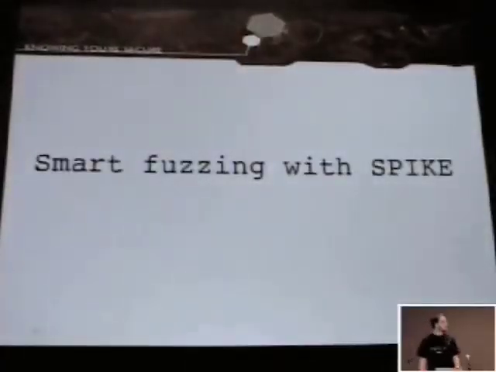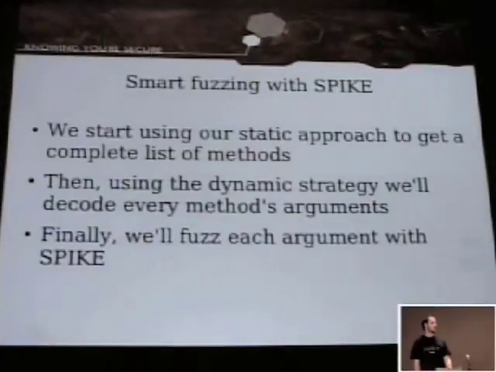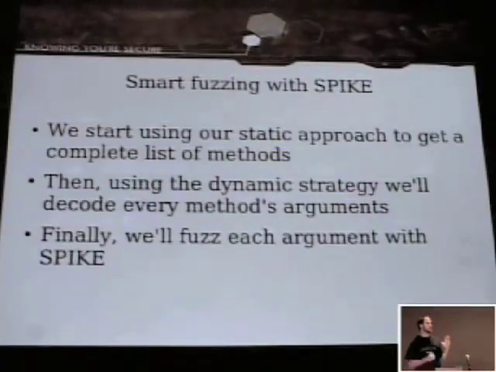Fuzzing with Spike: first, using this static approach, we get a list of all the methods we can execute in the Adobe JavaScript. And then using the dynamic strategy, we get all the arguments of each method. And finally, we can fuzz each argument because we know the type of the argument using Spike and do a huge JavaScript that fuzzes every method.